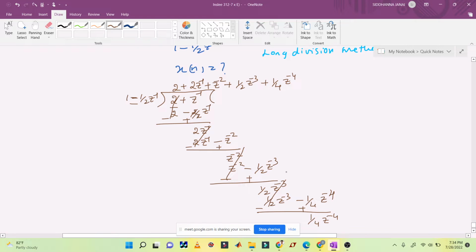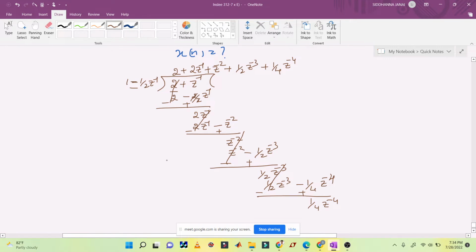Okay, so if I multiply this, what I will get? 1 by 4 z to the power minus 4 minus 1 by 2 into plus 1 by 4, 1 by 8 z to the power minus 5.